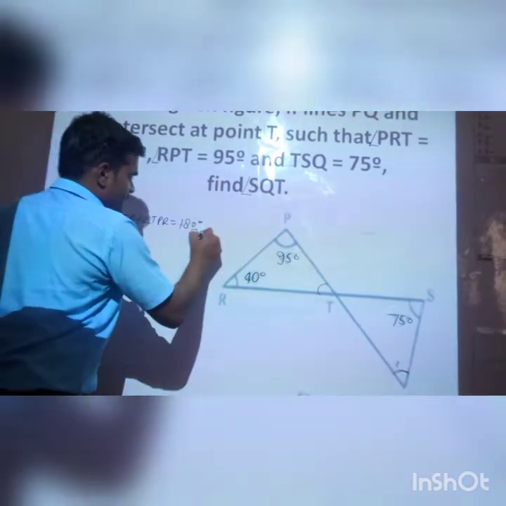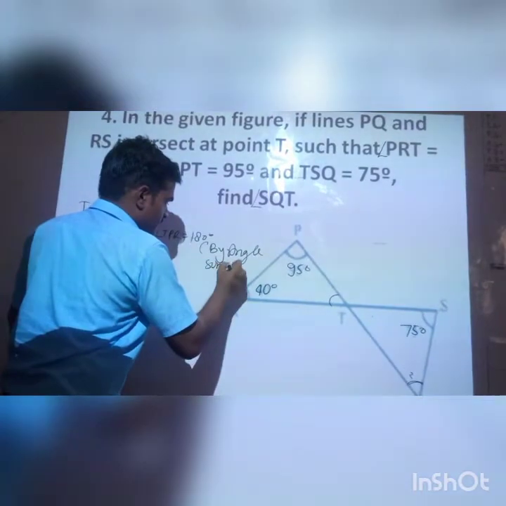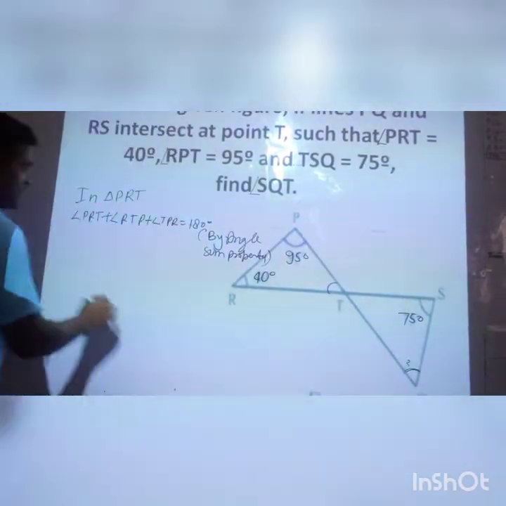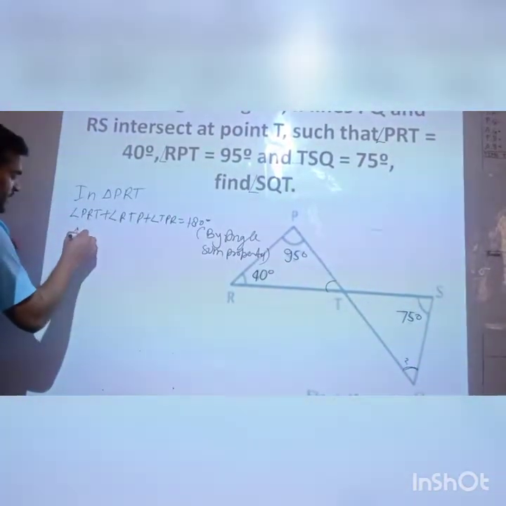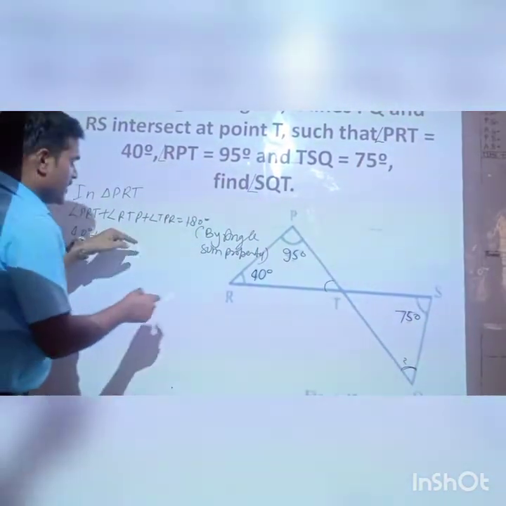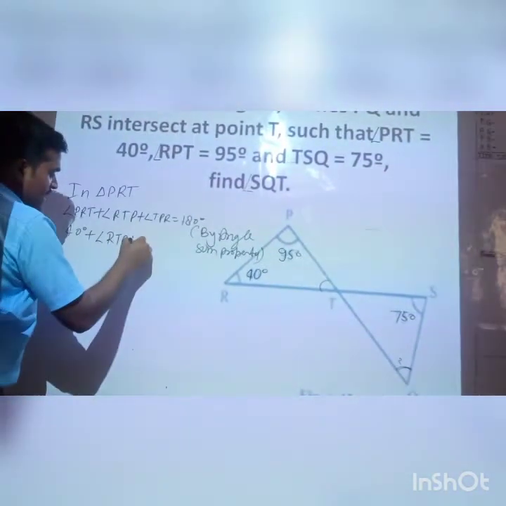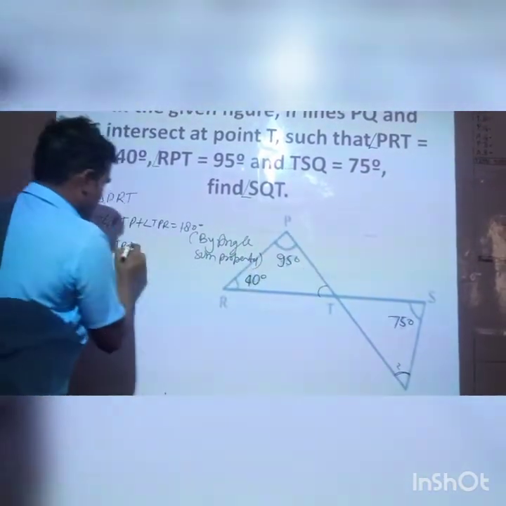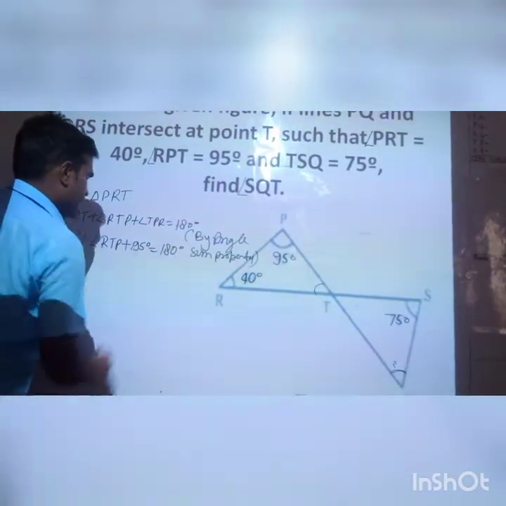So we will write there by angle sum property. Angle PRT is given as 40 degrees, plus angle RTP, which we have to find, plus angle TPR, that is 95 degrees, is equal to 180 degrees.